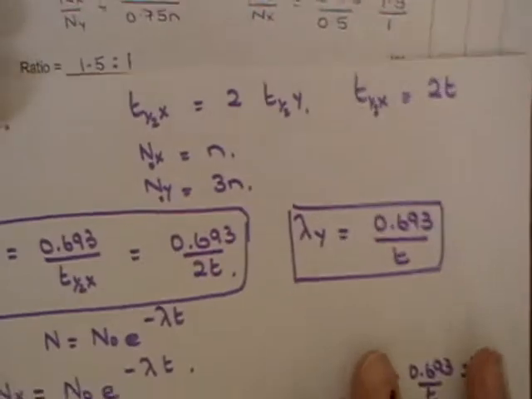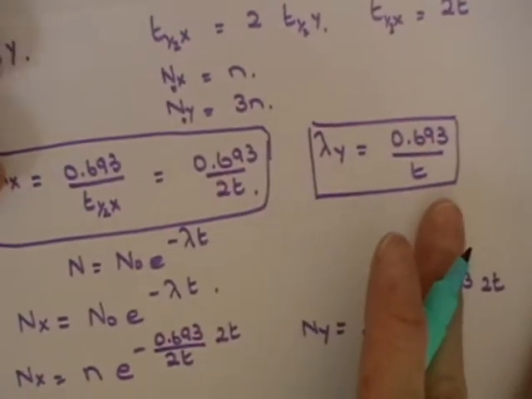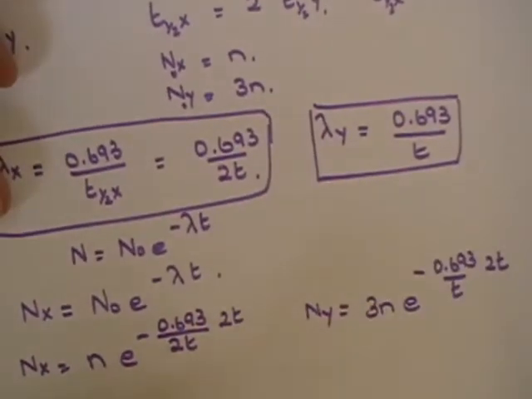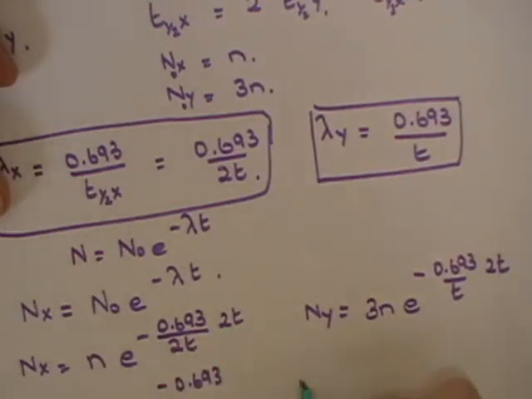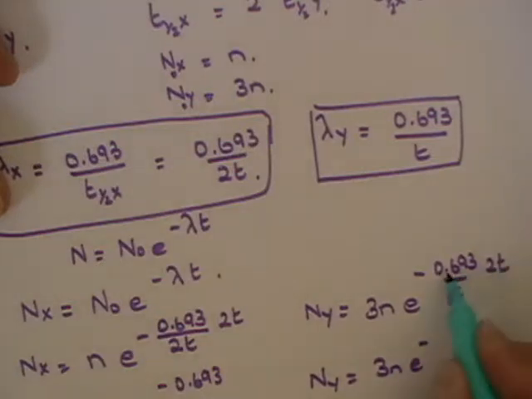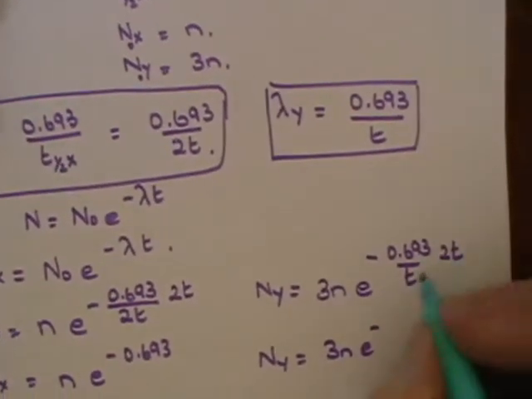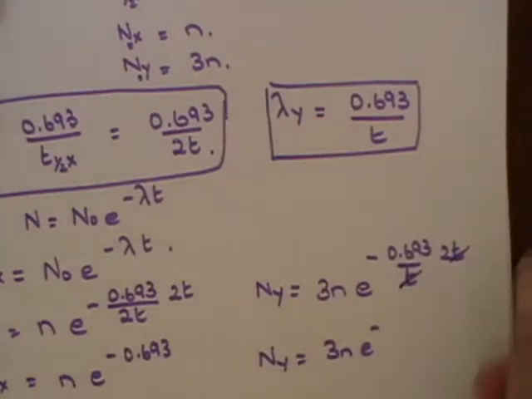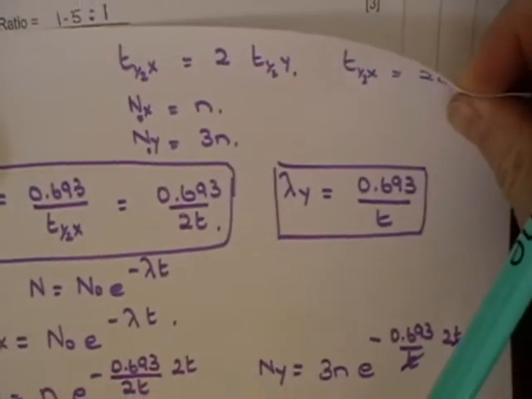And so the equations then go down to Nx equals N e to the minus 0.693 because the 2 T's all cancel each other out. And Ny over here goes down to 3N e to the minus, and it's 2 times 0.693 because the 2 T's cancel each other out there. Have I written that down?